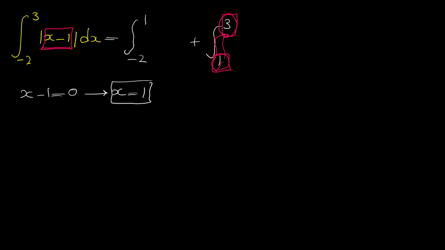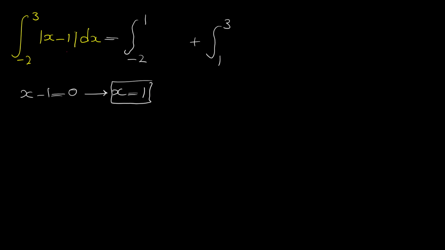If x is between 1 and 3, consider x as a number between 1 and 3, like 2. Is x minus 1 a positive expression or a negative expression? If you think carefully, because x is between 1 and 3, x minus 1 is a positive expression because x is greater than 1.